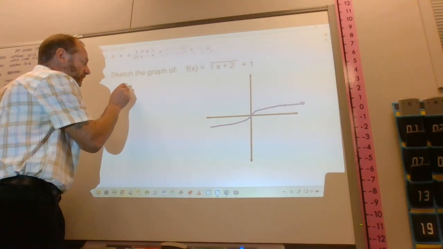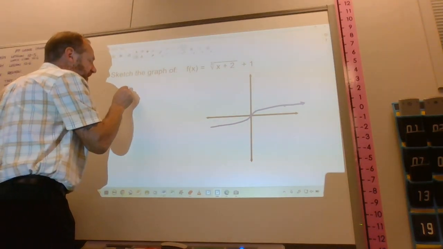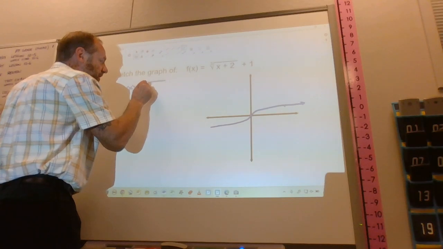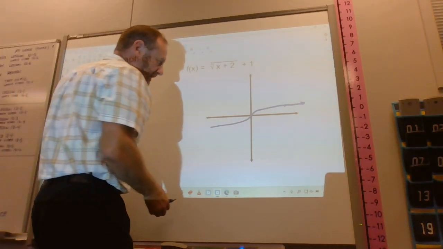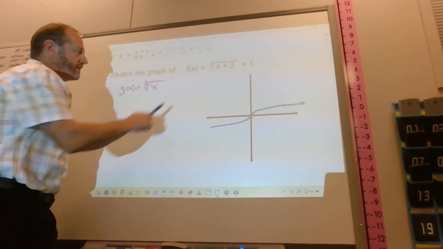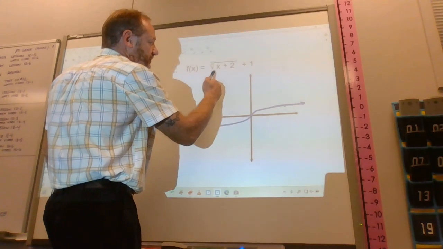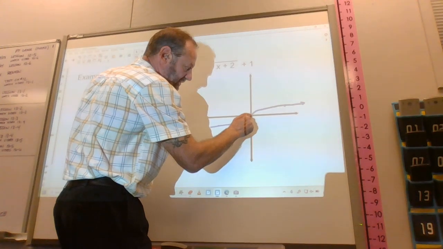Oops, let's not call it f of x. Let's call it g of x. I always like to do these by transformations because it's so much easier. So there's my cube root of x. Now, this tells me move it 2 to the left and 1 up. So I just pick a point on here like this, 0, 0 right here.